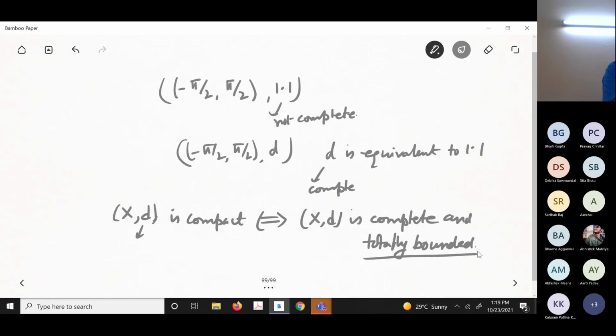Look, if you take another equivalent metric rho, suppose (X, rho). Equivalent means what? It gives you the same topology, and compactness doesn't change if the open sets remain the same. So Xt is compact if and only if (X, rho) is compact.